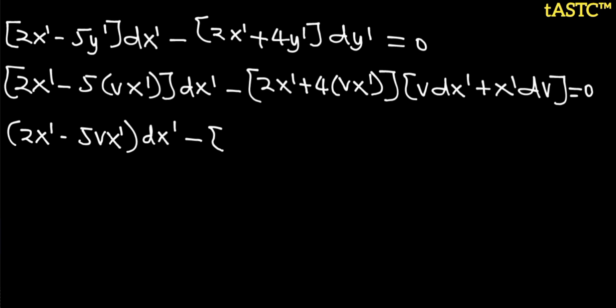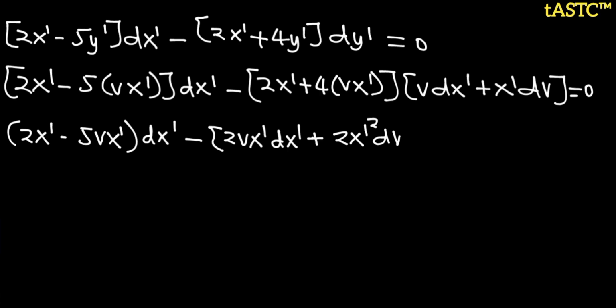So this is 2x prime multiplied by v dx prime, so this is going to be 2v x prime dx prime. We have 2x prime multiplied by x prime dv. That will give you 2x prime squared. So I need to write the squared on top. 2x prime squared dv.